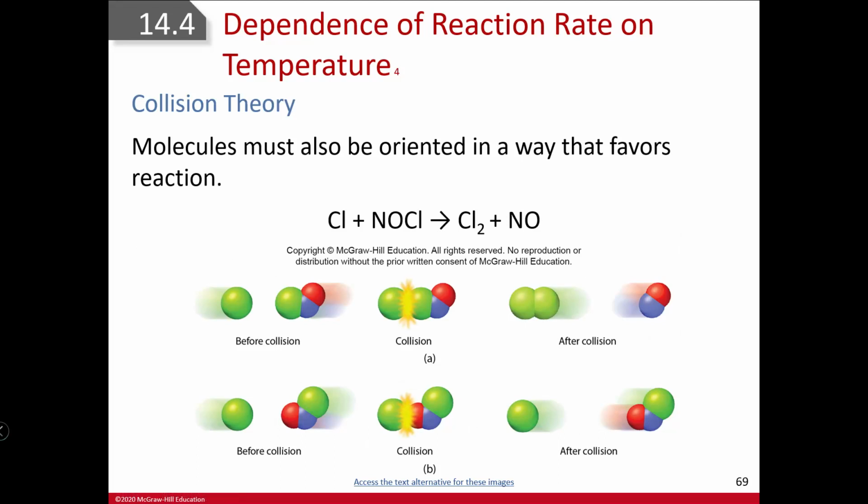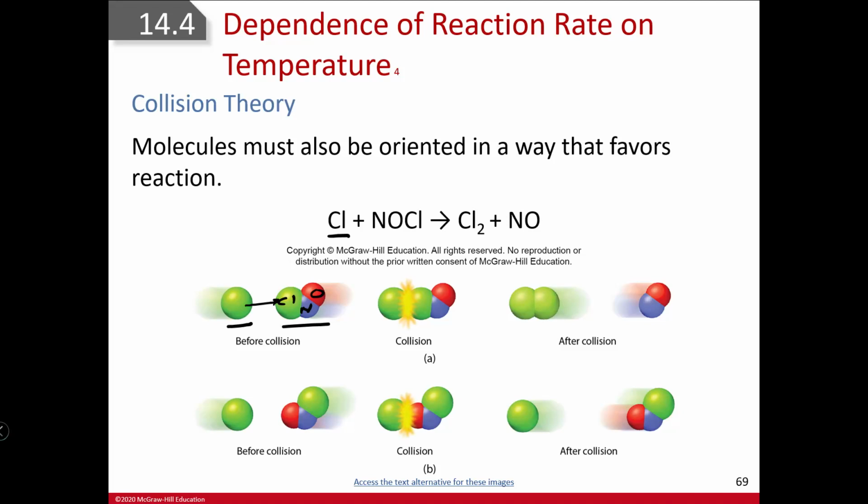So let's look at a collision. They give an example of a collision of nitrosyl chloride with chlorine. Let's look at this closely here. Here's a chlorine atom. That's what this represents. Here's the nitrosyl chloride. Here's a chlorine. Here is a nitrogen. And there's an oxygen. The chlorine slams into the nitrosyl chloride.